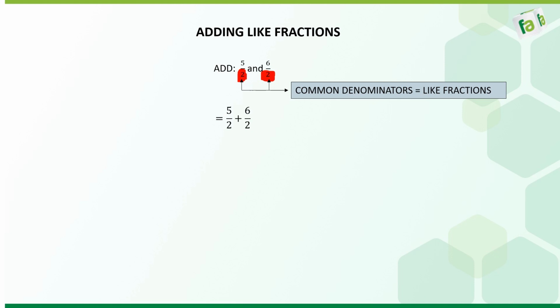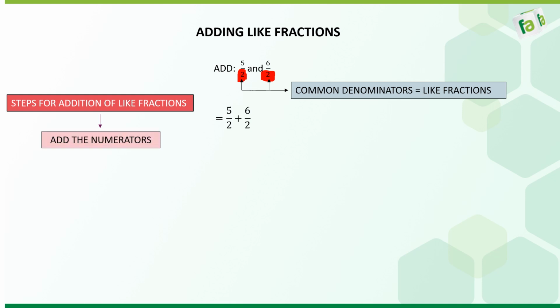Since both fractions have the same denominator, our first step will be to combine the numerators into an addition problem, that is 5 plus 6. In the denominator's place, we will retain the common denominator.